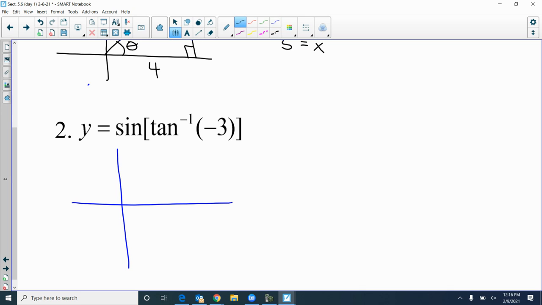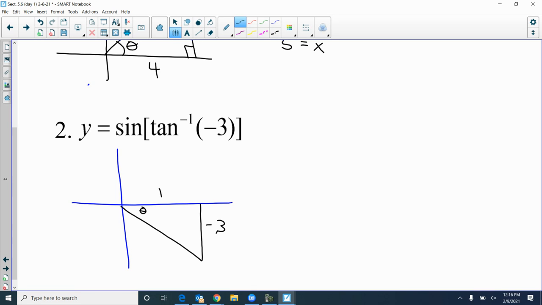So I'm going to draw this out. This is my angle. Opposite over adjacent. Well, it's going to be negative 3 over 1. Okay, just think of it like that. So opposite's negative 3, adjacent's 1.